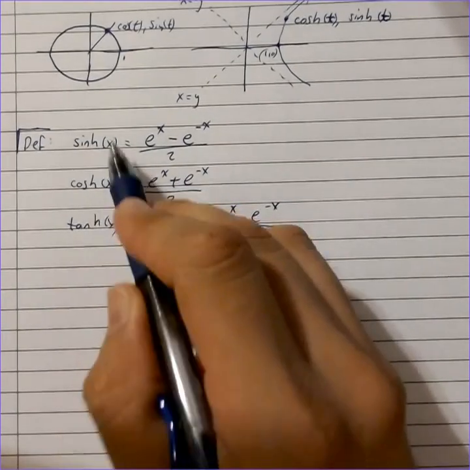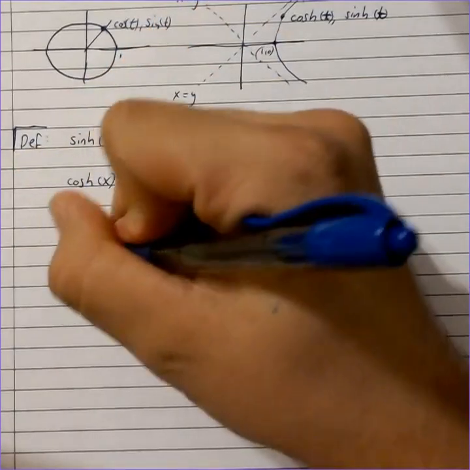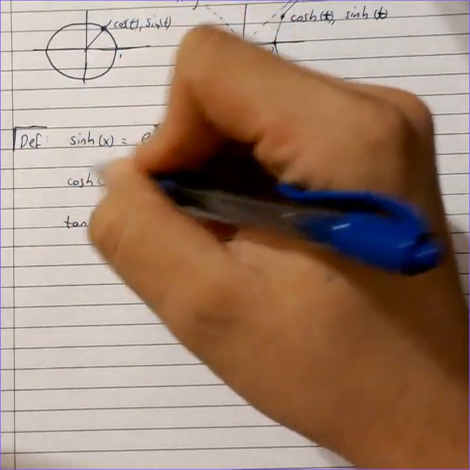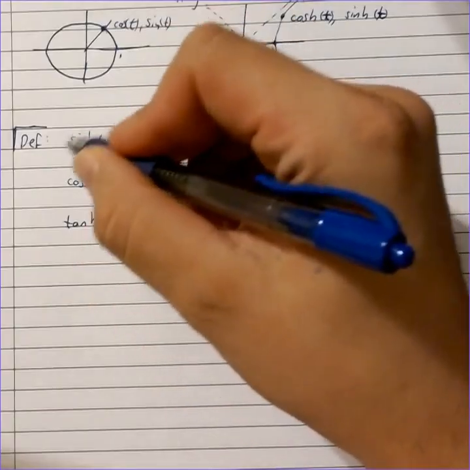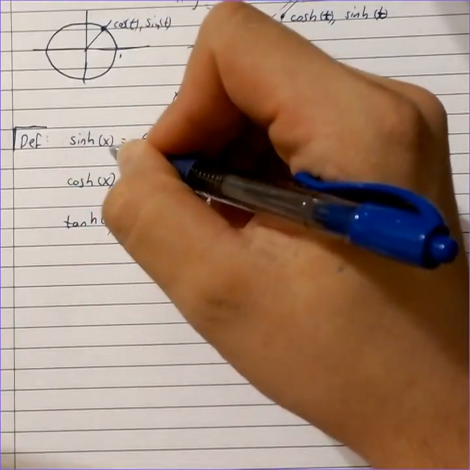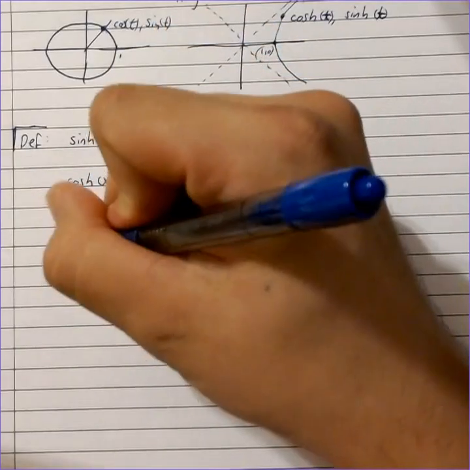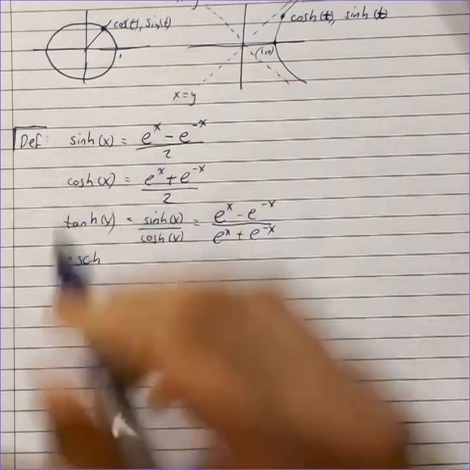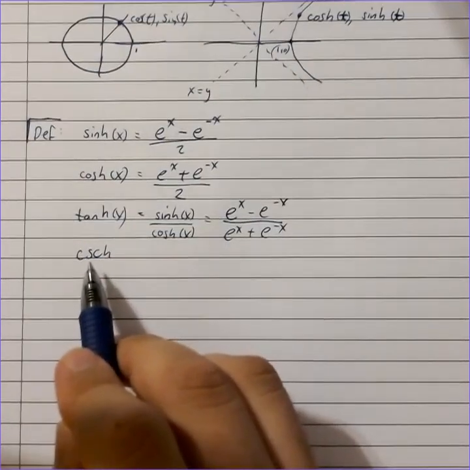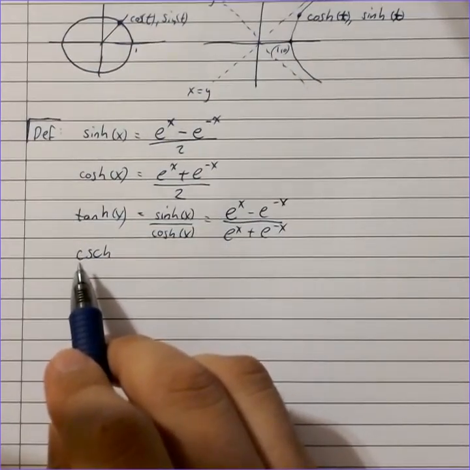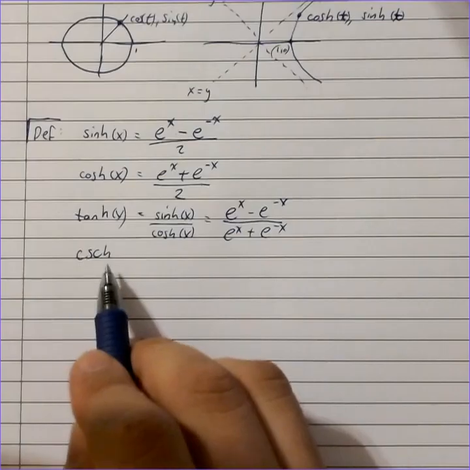And then we're going to take the reciprocals of these. We're going to name the reciprocal of the hyperbolic sine function the hyperbolic cosecant function. And it's going to be named CSCH like that. Again, don't blame me for the names. These names have been around for a very long time. This is pronounced cosech.